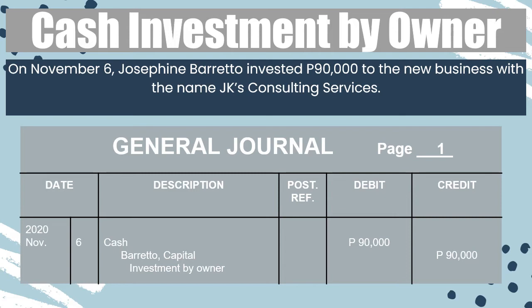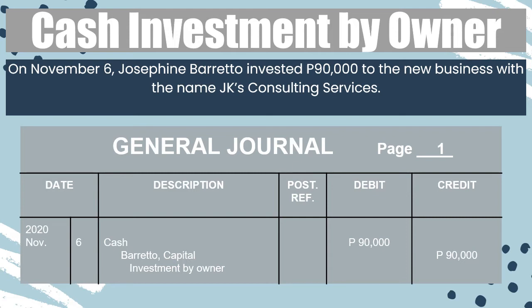So, Barretto Capital under credit side, which is 90,000 pesos, ang normal balance ng owner's equity or pag nag-increase ang owner's equity, ito ay credit. What is the explanation or short explanation of this transaction? So, investment by owner kasi si Josephine ay nagbigay ng pera sa business.